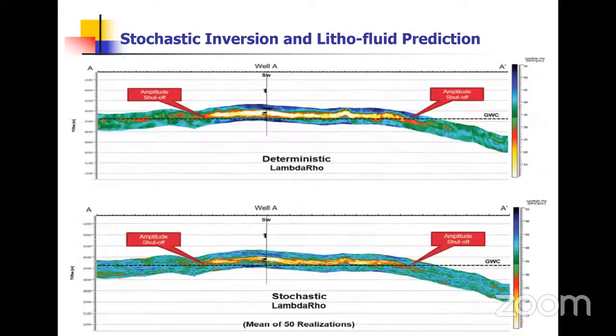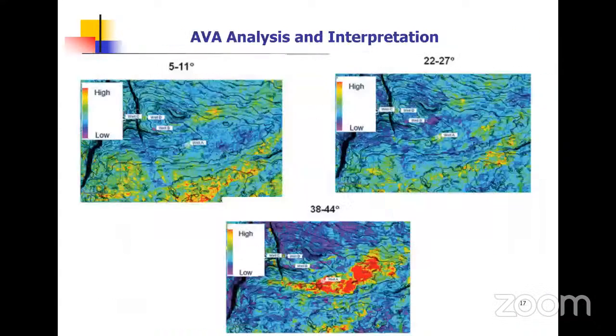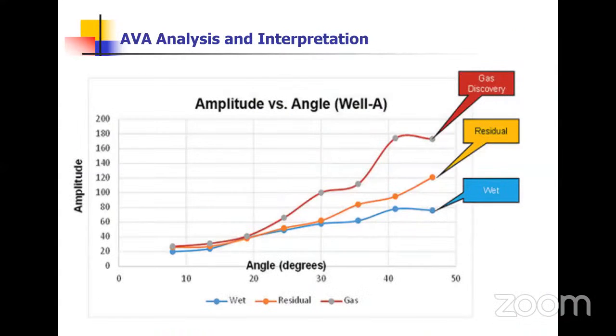Okay, I'll just show you a table. If you see this plot, on the far angle stack, your live gas is very far from where you have the wet sand, but residual is in the middle, closer to your brine.